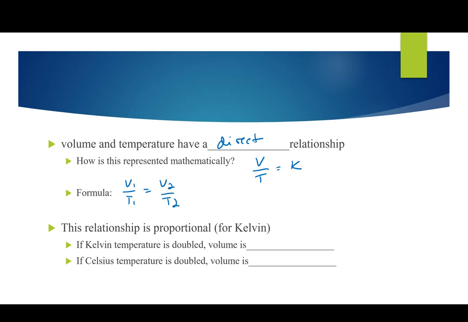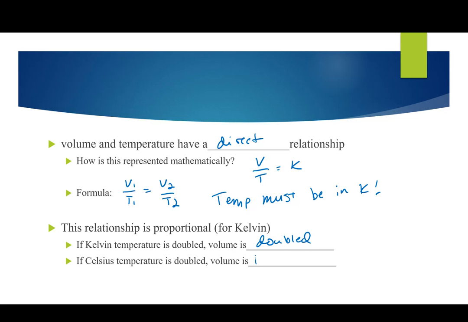This relationship is proportional, but only if the temperature is in Kelvin. So it's very important for any law involving temperature that your temperature must be in Kelvin. If the Kelvin temperature is doubled, volume is doubled. If I go from 100 Kelvin to 200 Kelvin, my volume will double. If my Celsius temperature is doubled, volume is not doubled.